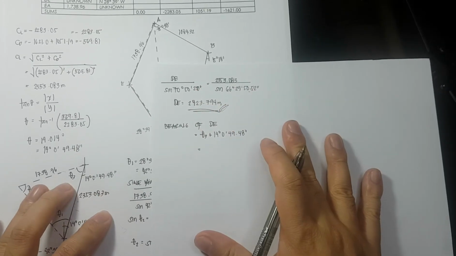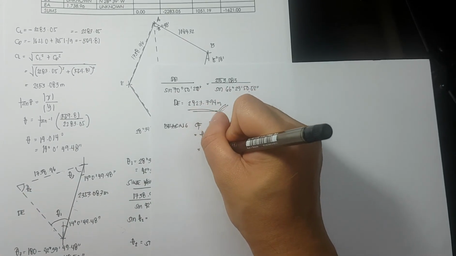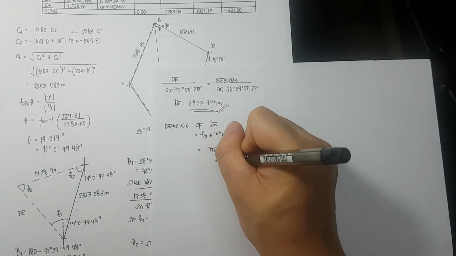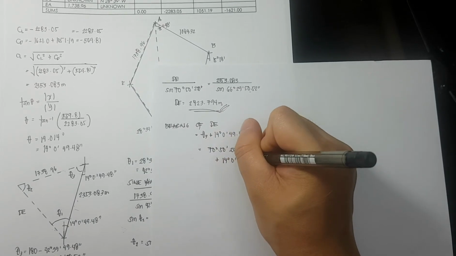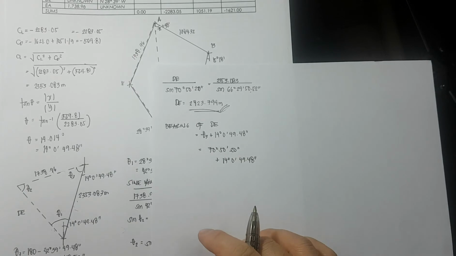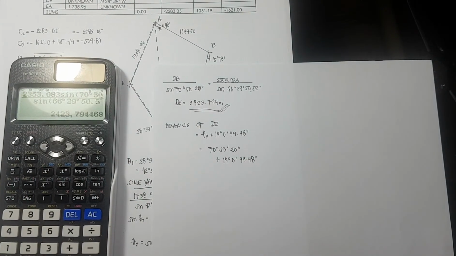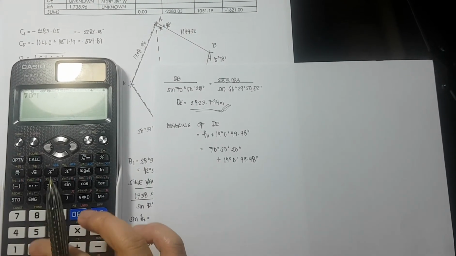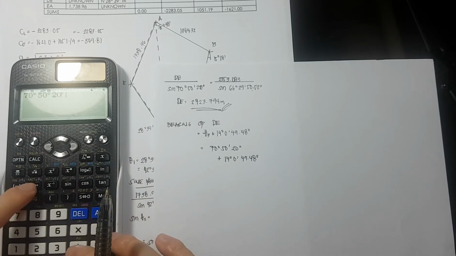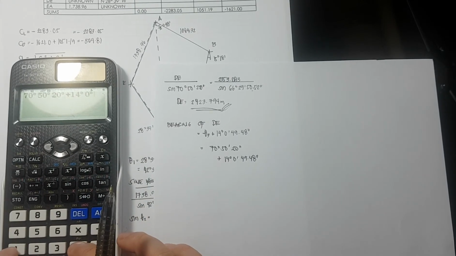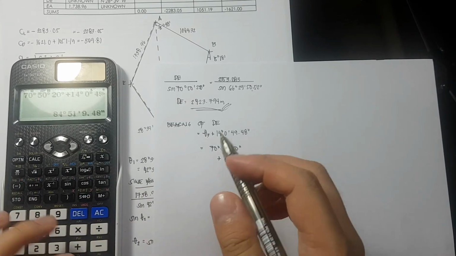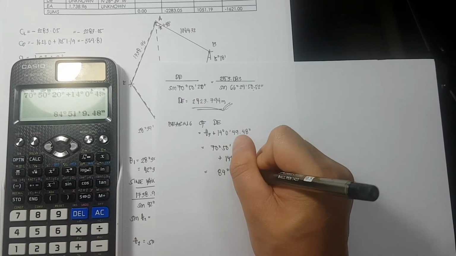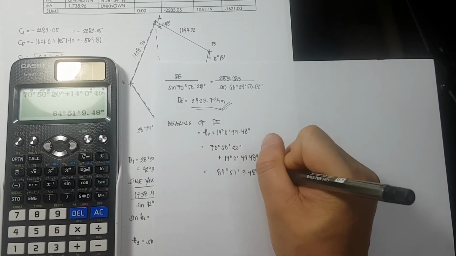Therefore, bearing is 70 degrees 50 minutes 20 seconds plus 14 degrees 0 minutes 49.48 seconds, which is 84 degrees, 51 minutes, 9.48 seconds.